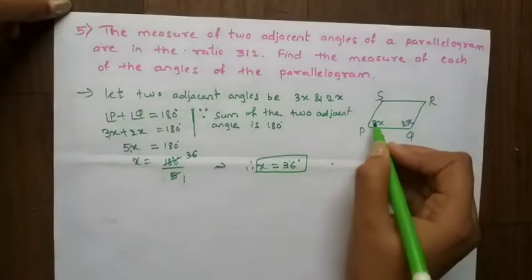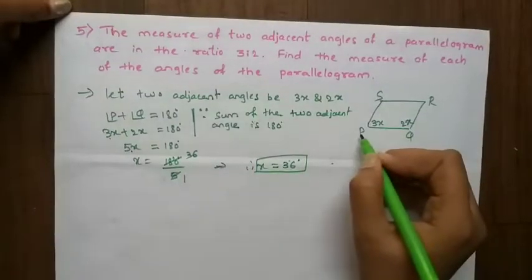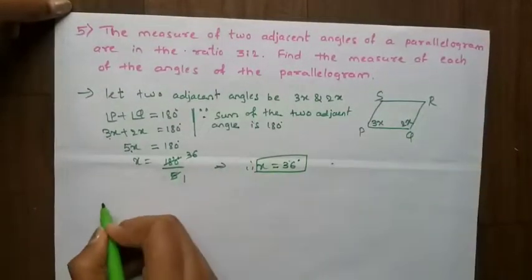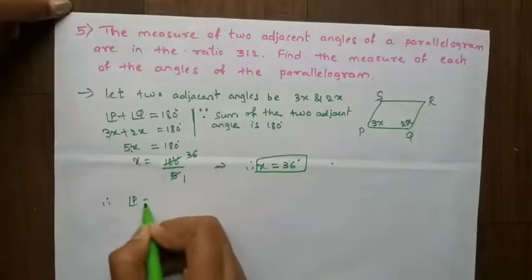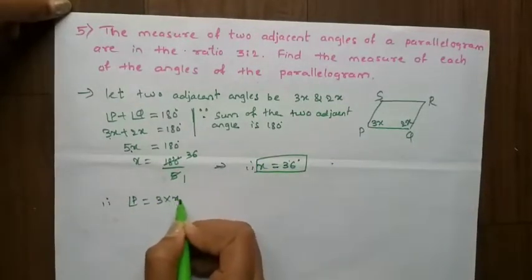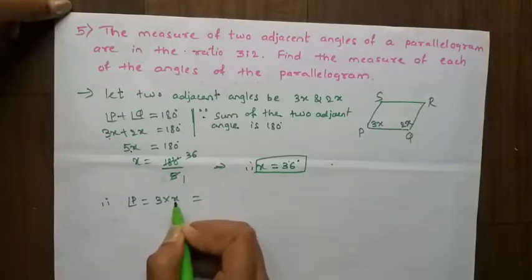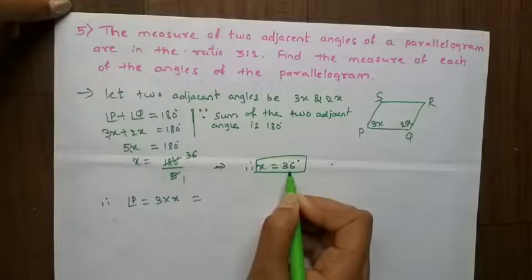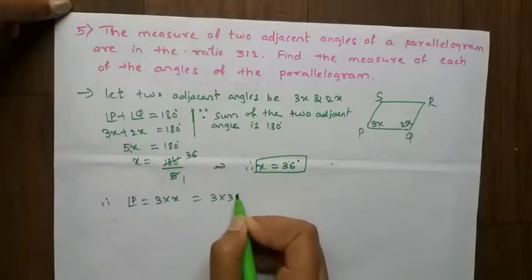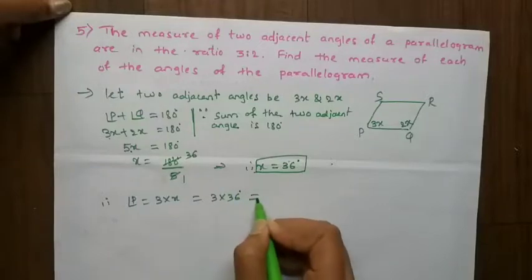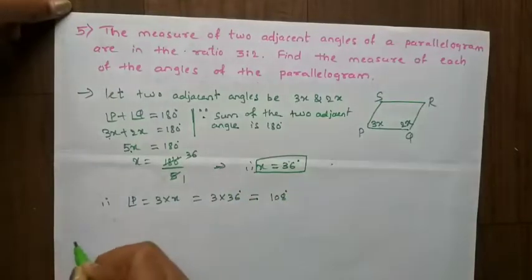But our P and Q values are in the form of x, so we have to calculate angle P and angle Q. Angle P is 3 into x, that is 3x. The value of x is 36 degrees, so put the x value here: 3 into 36 degrees. 36 threes are 108 degrees.